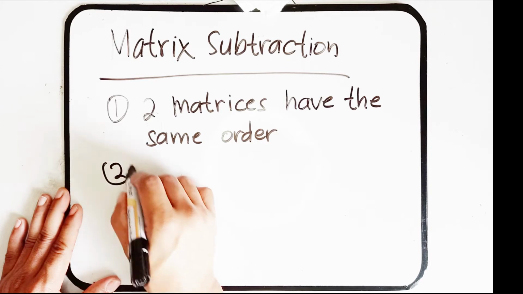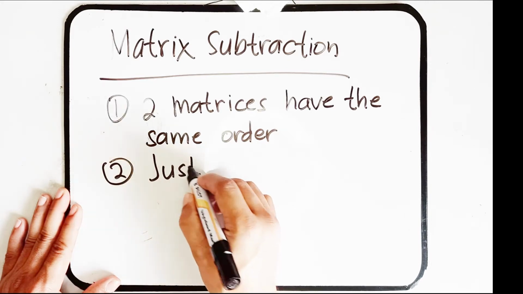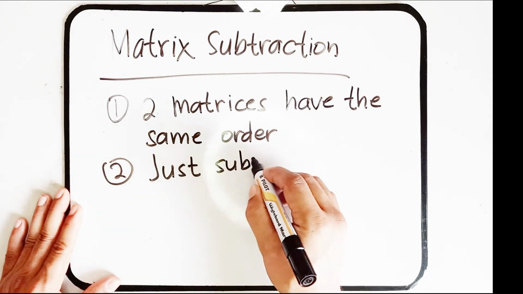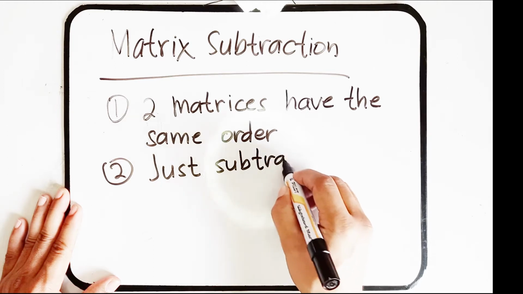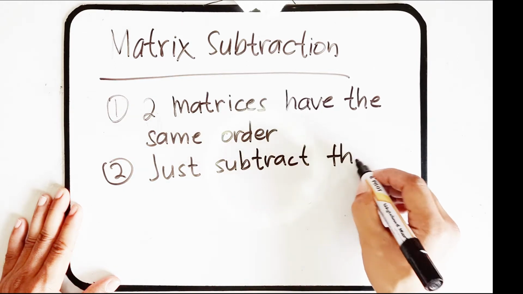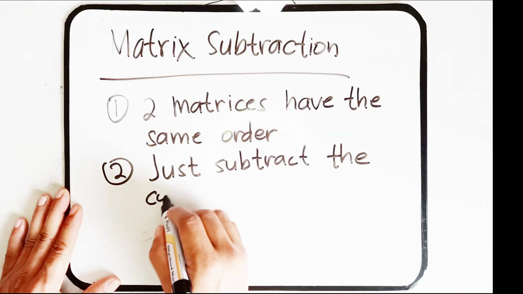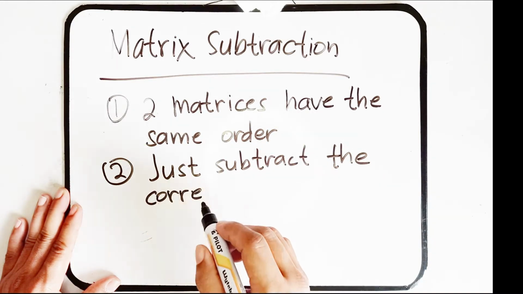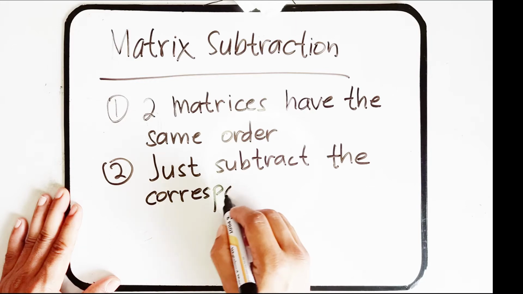The second rule is that you just keep on subtracting the corresponding elements of your matrices.